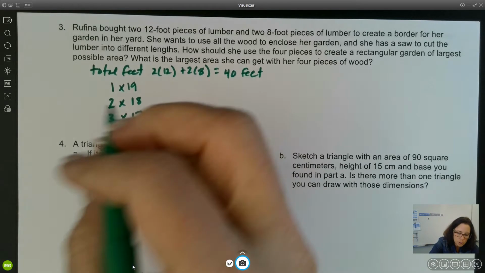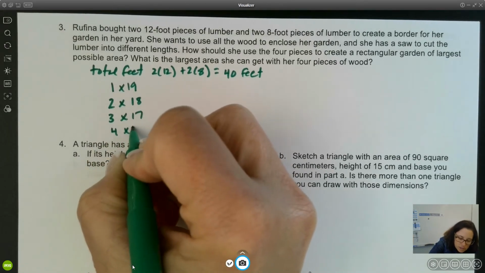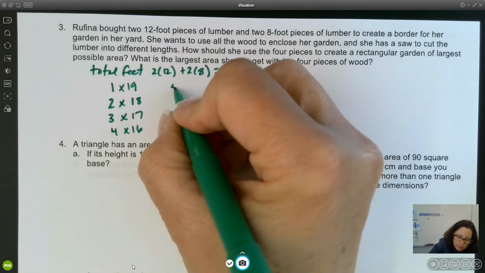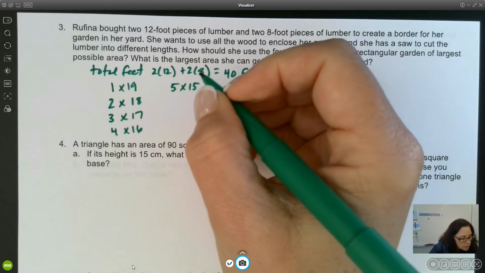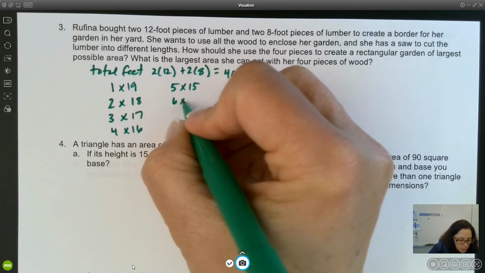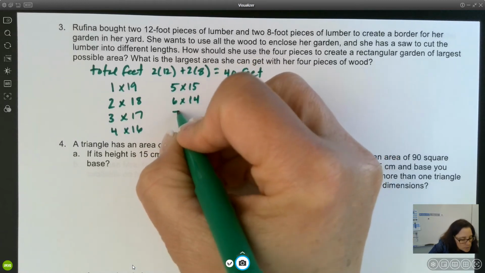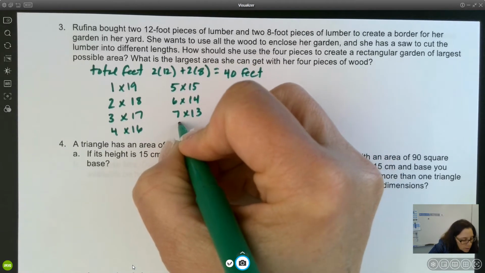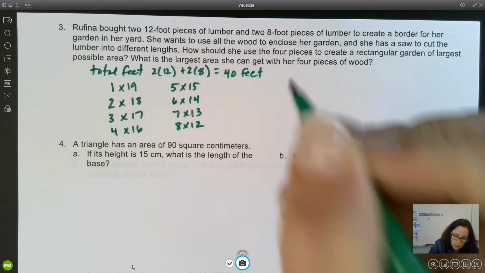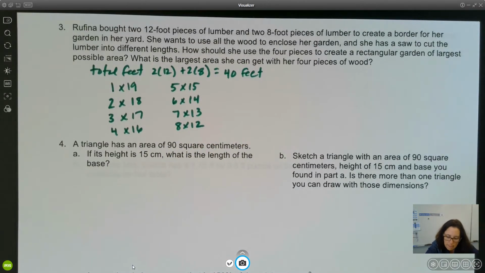So that's what we're shooting for here. So 4 by 16 would work, 5 by 15 would work, 6 by 14 would work, 7 by 13 would work, 8 by 12 would work. And that is where it would end.